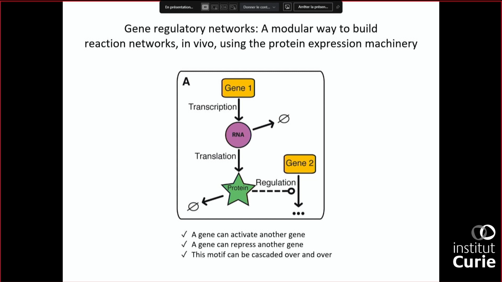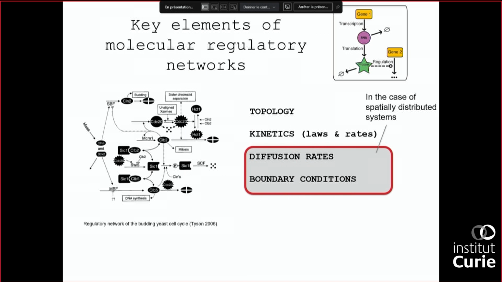I need to say something beforehand. What are the key elements of these regulatory networks made of the cascading of many of these small motifs? As we mentioned, the topology of this network is going to be determinant to the function. But of course, it's not only the topology.